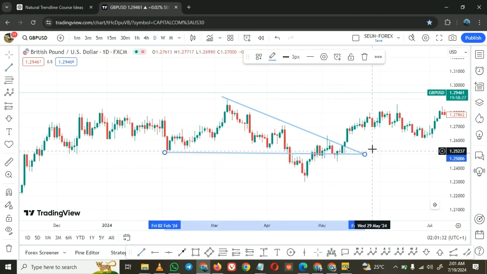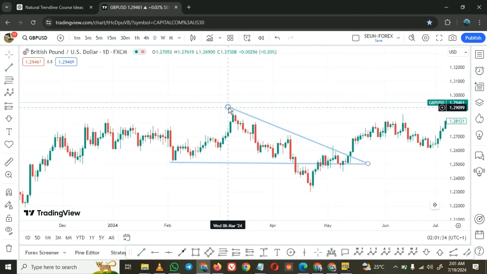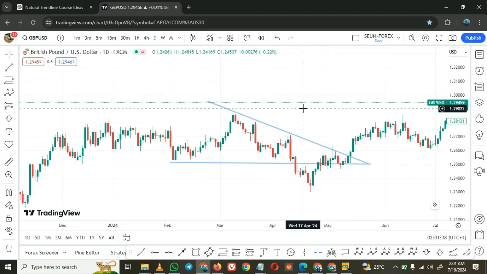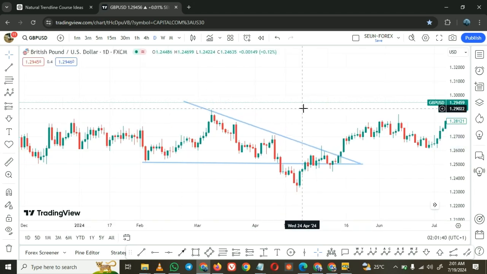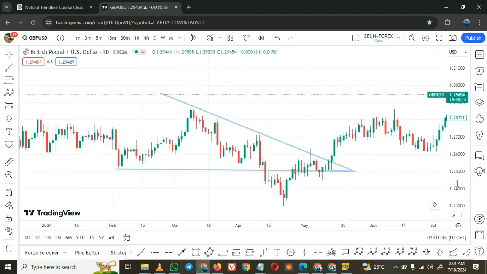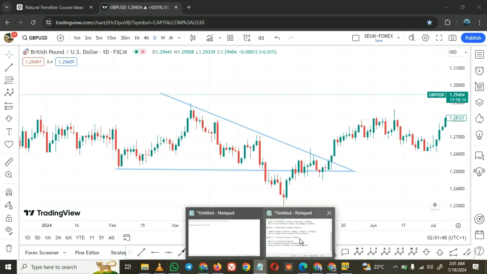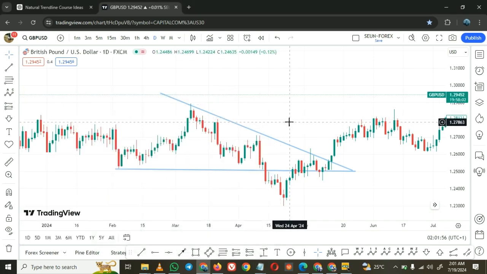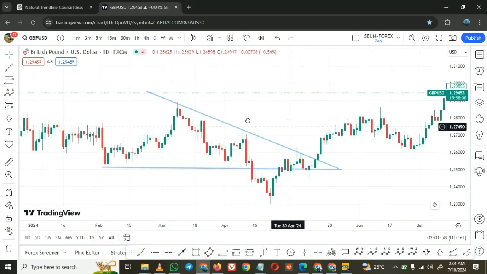When trend line forms, this trend line you are seeing here is called downtrend, this is called uptrend trend line. So it's called triangle trend line. This is triangle trend line.